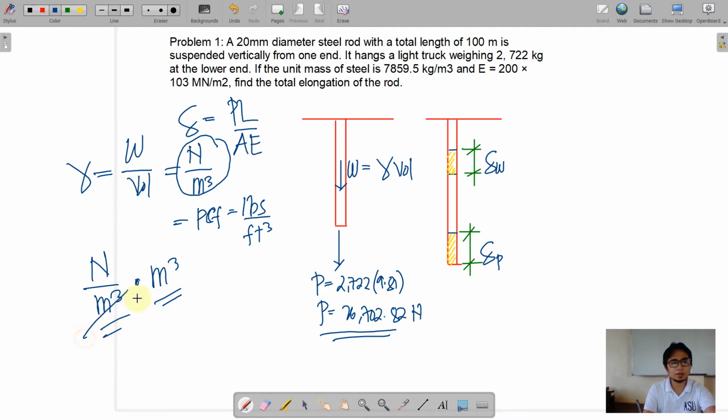So the resulting unit here is actually the weight. Weight is equal to Newton, right? Similarly, in English, if we have pounds per cubic feet, we'll just multiply it by the volume to come up with the unit pounds, that is a weight.